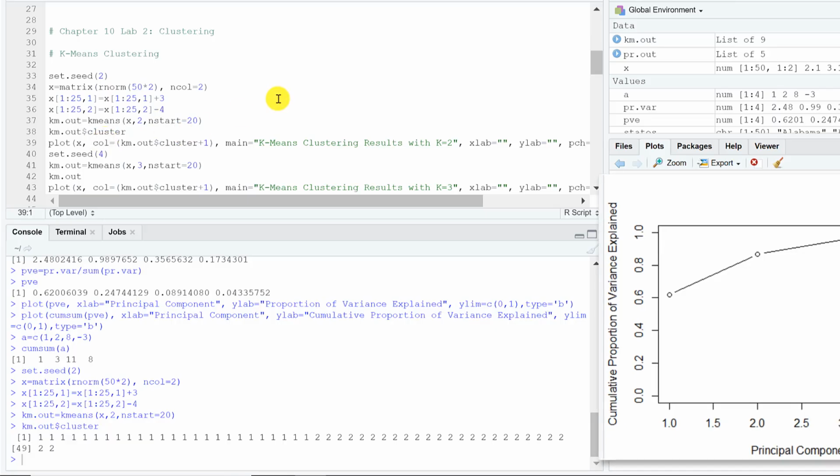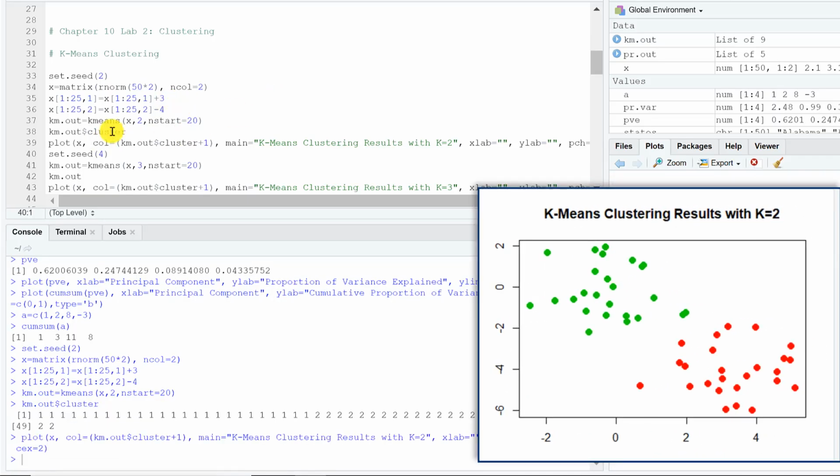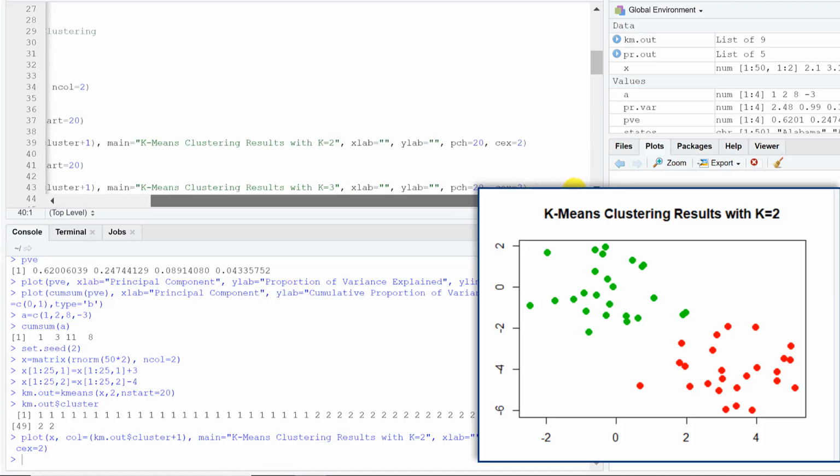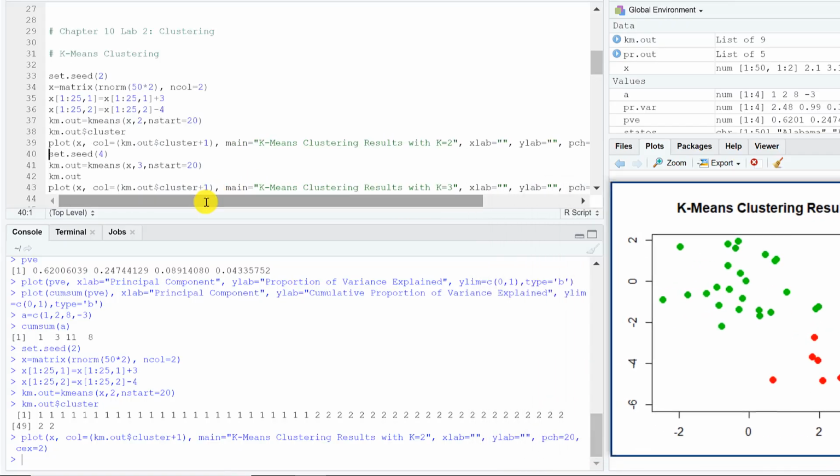We can plot this. So we're plotting X, then coloring the points by their cluster designation, and then setting up our title and our X label and Y label. pch and cex give the size and type of markers in that plot.